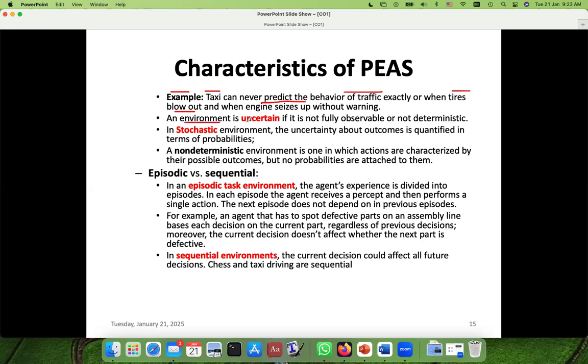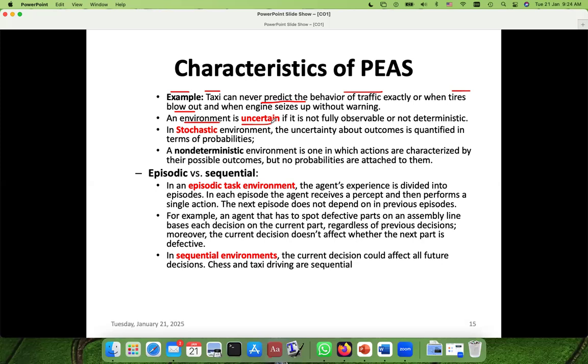Anyhow, sometimes the environment can be uncertain. Okay. So the environment is uncertain. When the environment is uncertain, then again it is not fully observable.